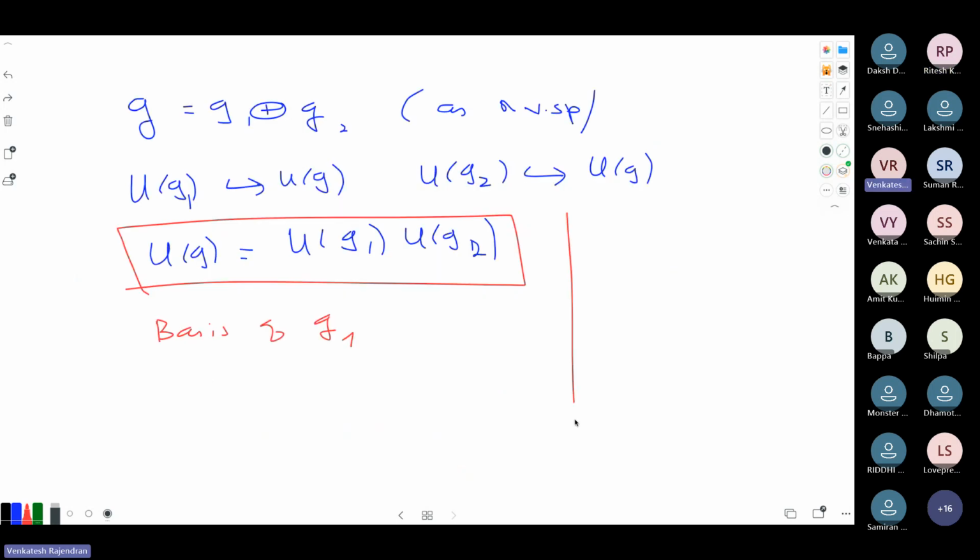So if you have, for example, this setting, A is sitting inside B. Both of them are, let's say, C algebras. Now we are thinking of A as a B module, and you say that A has some spanning set over B. You allow the scalars coming from B, and if A is actually a free module over B, then you have a basis of A, that is a B basis.